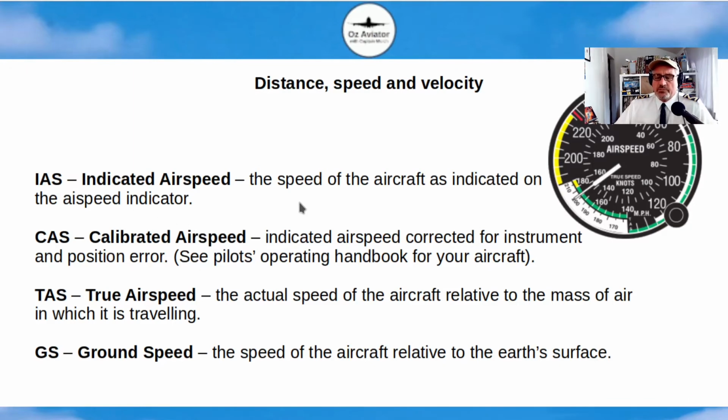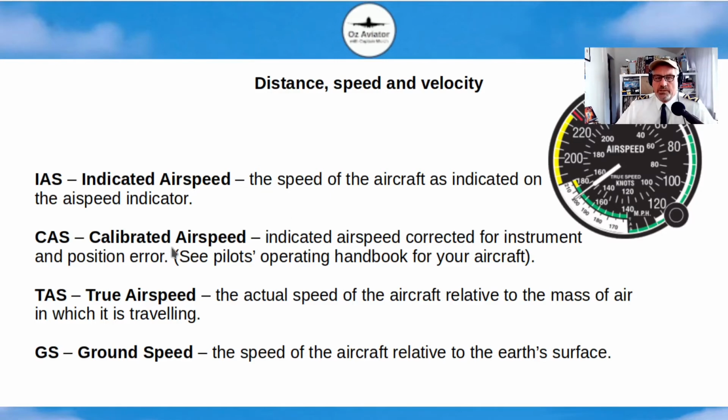Now, calibrated airspeed is your indicated airspeed corrected for instrument and position error. So the instrument's not perfectly accurate, and the place where the airspeed is measured is not completely accurate. But what happens when the aircraft's made, the engineers take the aircraft out and they test it with the standard instruments and the standard setup of the aircraft, and they determine how much the indicated airspeed varies from what the airspeed actually is.